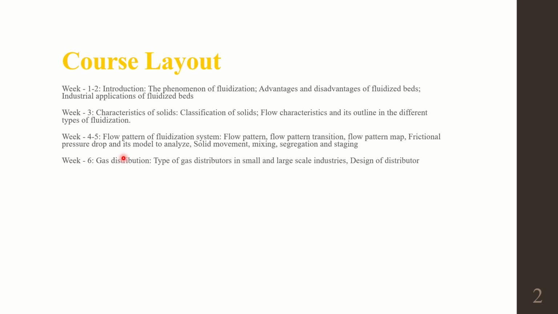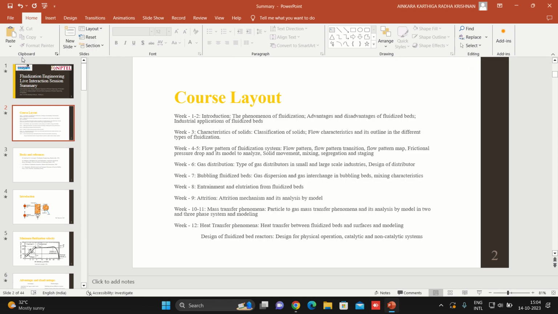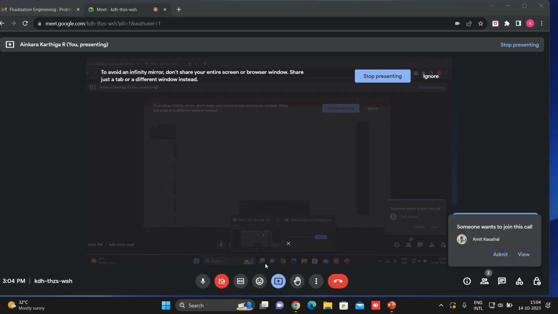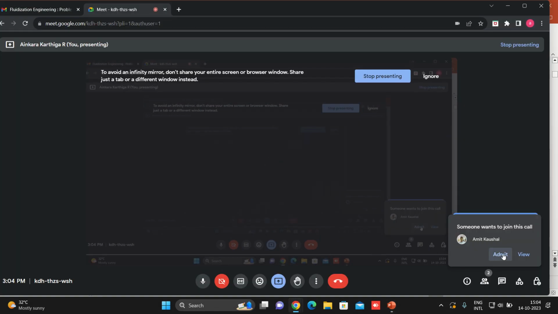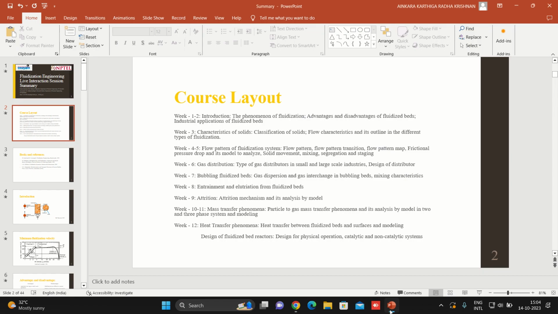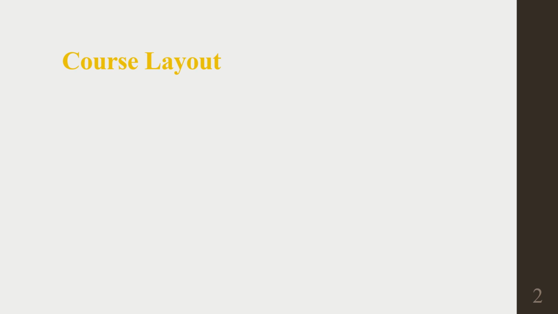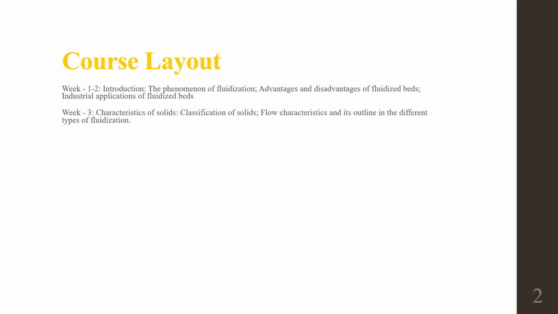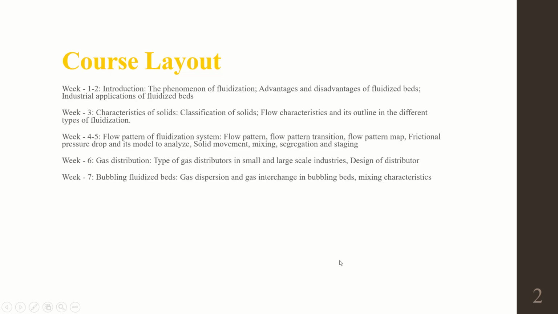Week 6 was about gas distribution system, types of gas distributor in small and large scale industries, and design of distributors. Week 7 was about bubbling fluidized beds, gas dispersion and gas interchange in bubbling beds, and mixing characteristics.